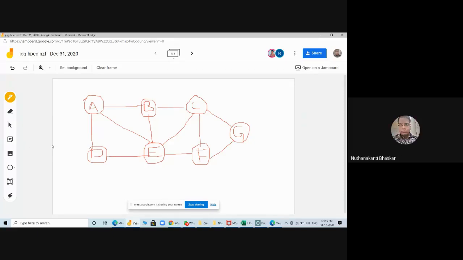Now, as per the steps, what is the first step? Stack size is equal to the total number of vertices.